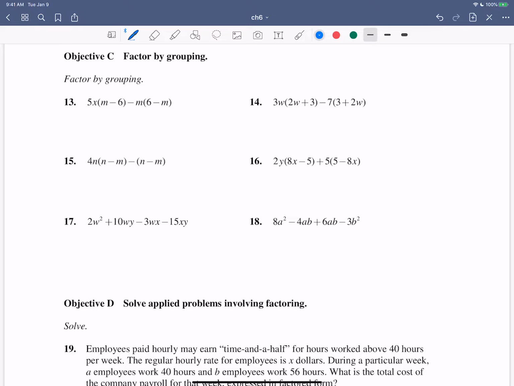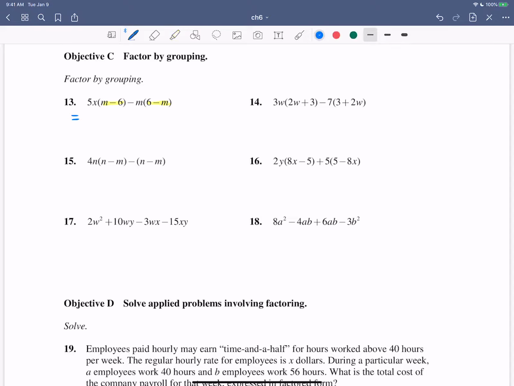Number 13. Number 13, we only have 2 terms. So basically, you're going to find out the GCF between these 2 terms. And I would say it's very easy to see that both of them have m minus 6. And the second one has something similar, which looks like m minus 6, but it's not exactly m minus 6. It's 6 minus m.